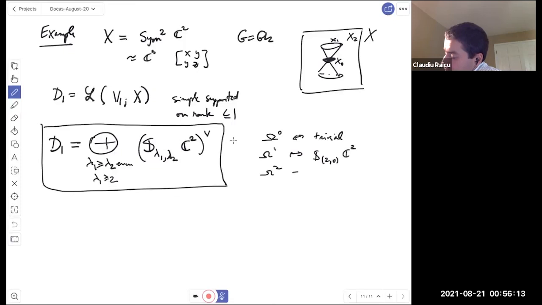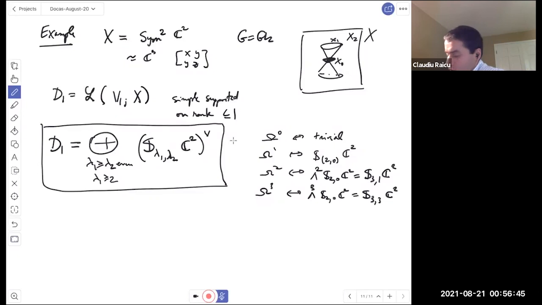Omega 2 corresponds to the second exterior power of S(2,0). And if you know just a little bit about Schur functors, you can see that this is S(2,1) of C2. And then omega 3 is wedge 3 of S2, so it's generated by a one-dimensional representation, which is just S(3,3).